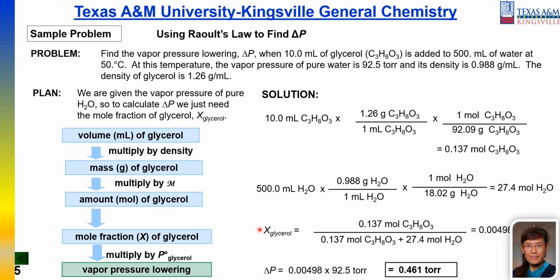And then determine the mole fraction of glycerol, equal to the moles of glycerol divided by the total moles. Then the vapor pressure lowering, delta P, equals the mole fraction multiplied by the vapor pressure of water, 92.5 torr, which is given. So you can calculate the vapor pressure lowering, which is 0.461 torr.